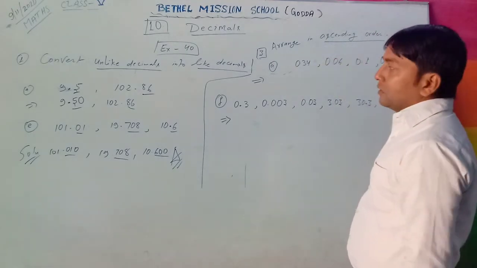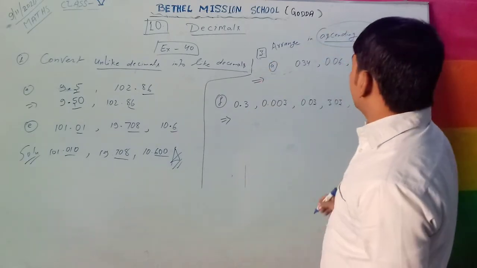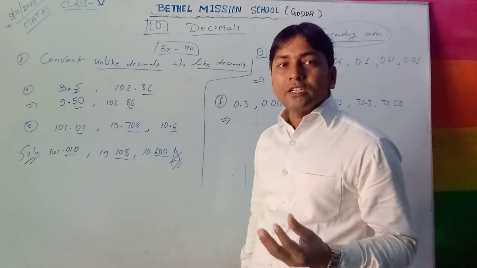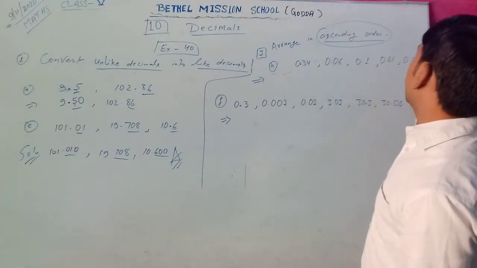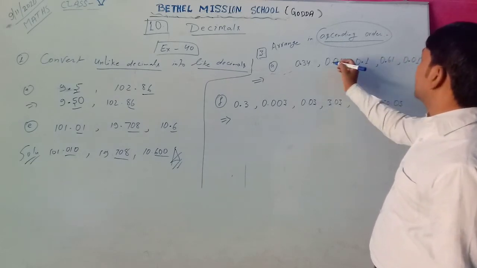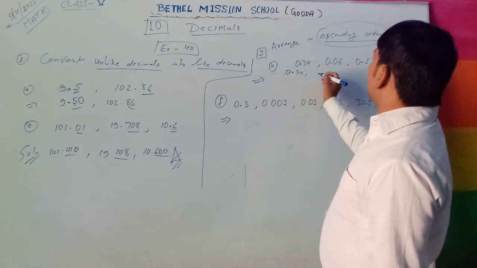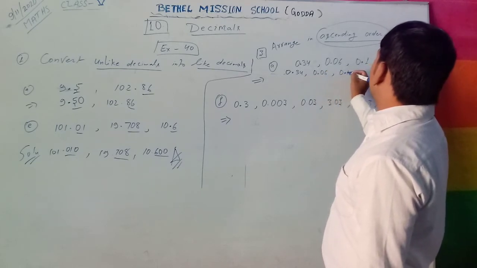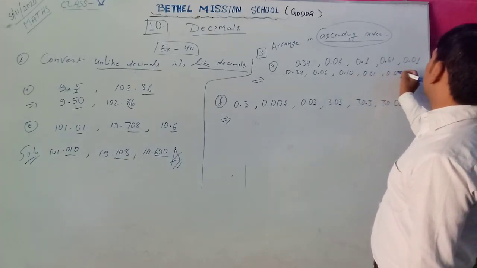Okay, now question 3. Arrange in ascending order. What is your work? First you change these into like decimals. Unlike decimals are given, so what is the maximum decimal place? That is 2: there is 2, there is 1, there is 2, there is 2. So change every number into like decimals. 0.1, so we will put 10, 0.61, 0.01.